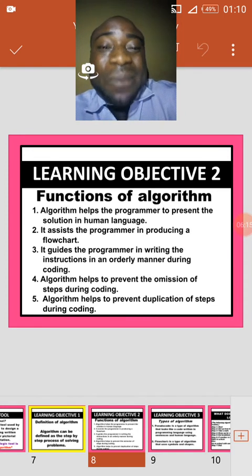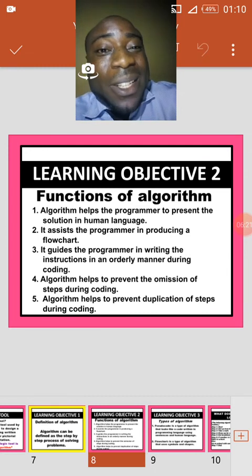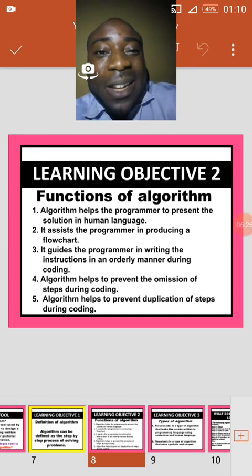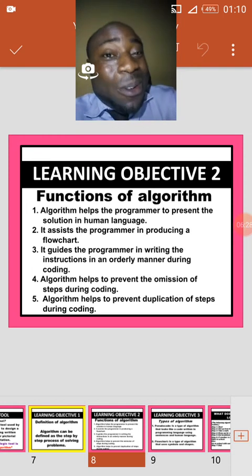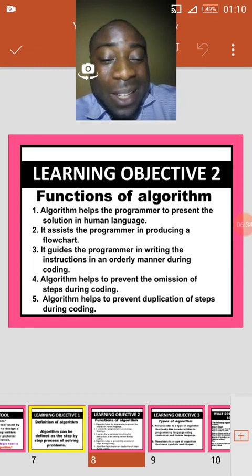Without the rough sketch first to write how the program will look, a programmer may omit some steps, which is what we see in 4 and 5. And it also helps a programmer not to repeat the same steps. I believe you get that.